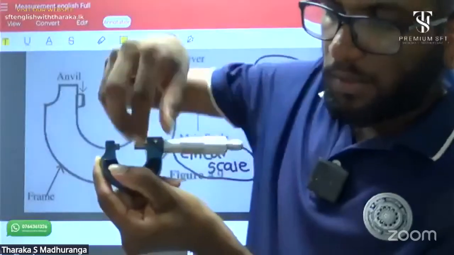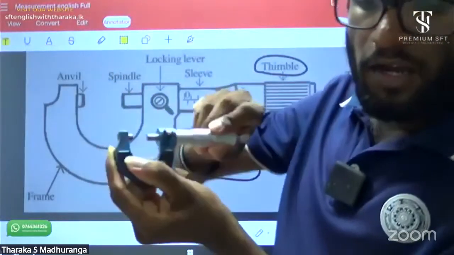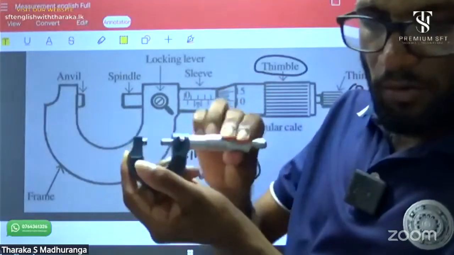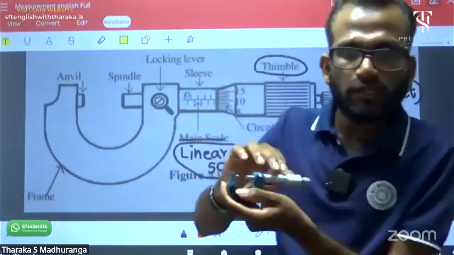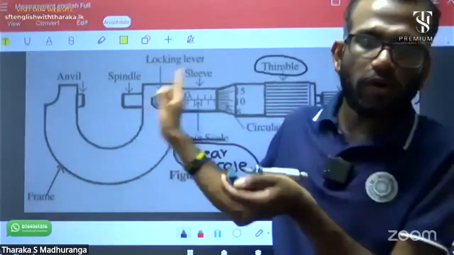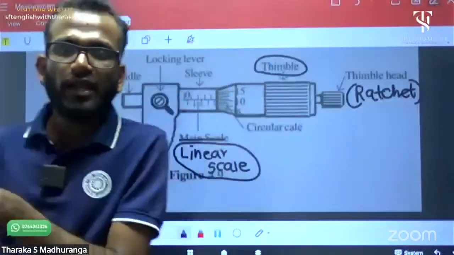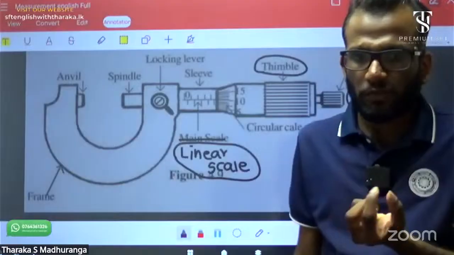But if we lock this, we can't rotate. All moving parts of the instrument will be locked using this lever. Therefore we call this lever the locking lever. Okay, they are all the parts of the micrometer screw gauge.